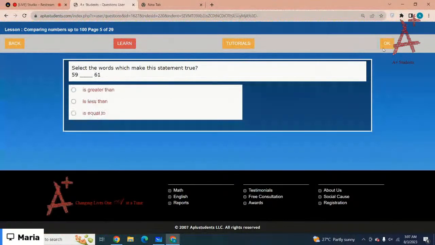Okay, select the words which make the statement true. Which is the correct option?